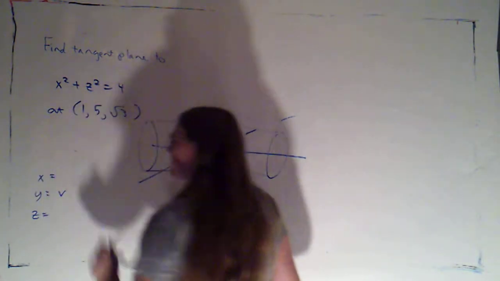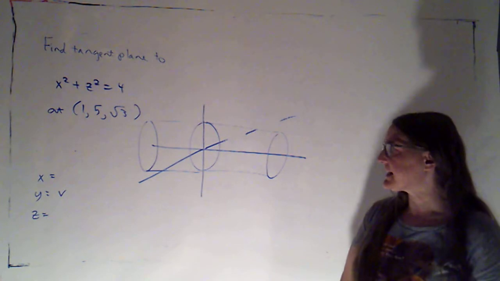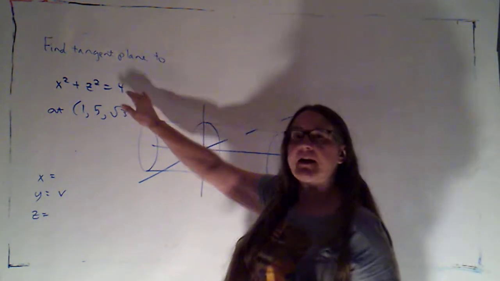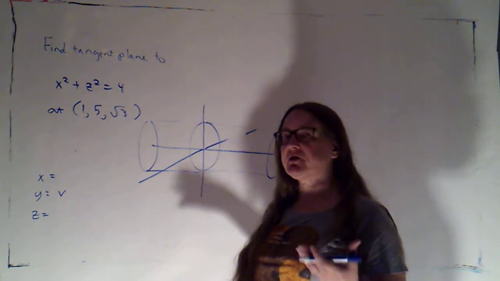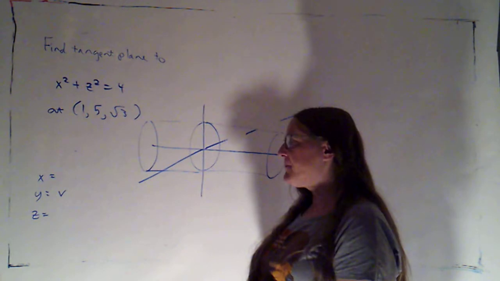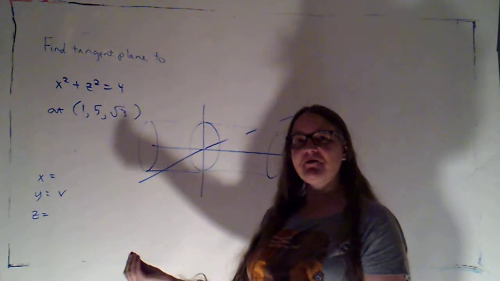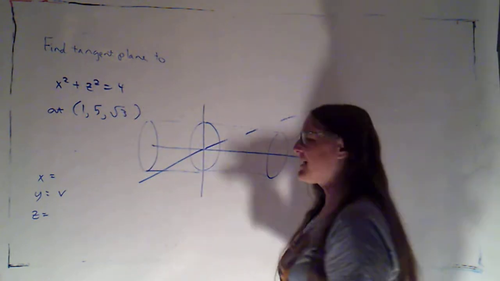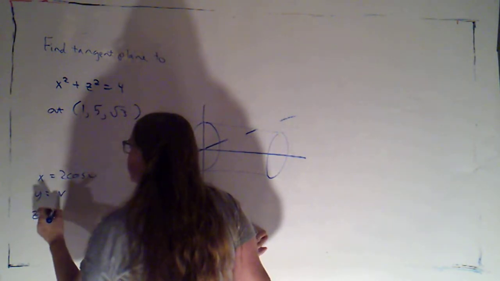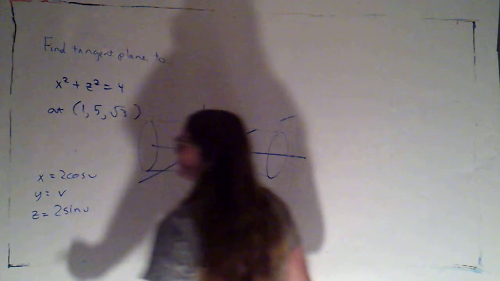So I'm going to just let y be v, and I'll describe x and z in terms of u. Now, this is just a circle of radius 2. Anytime I have a circle of radius whatever in a plane, one of my variables is the radius times cosine, the other is the radius times sine. So I'm just going to let x be 2 cosine u and z be 2 sine u.